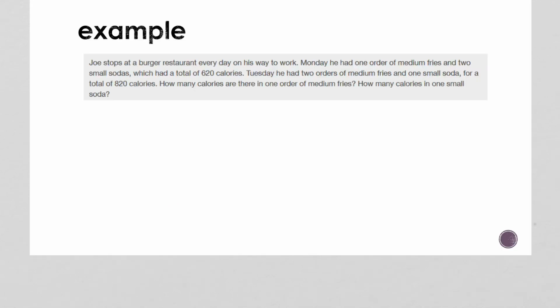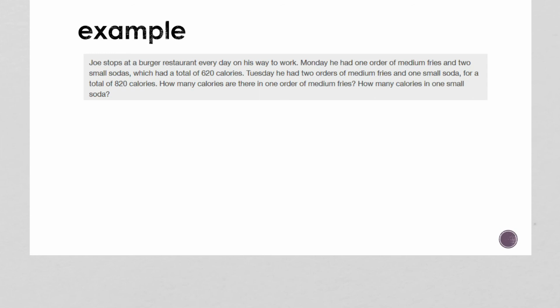All right, so Joe stops at a burger restaurant every day on his way to work. Monday, he had one order of medium fries and 2 small sodas, which has a total of 620 calories. Tuesday, he had 2 orders of medium fries and 1 small soda, for a total of 820 calories. How many calories are there in 1 order of medium fries and how many calories in 1 small soda?